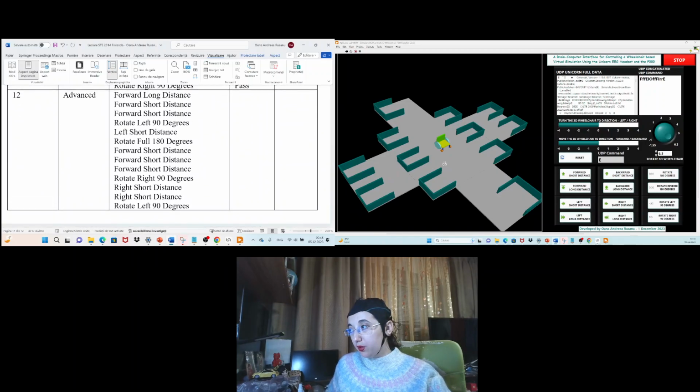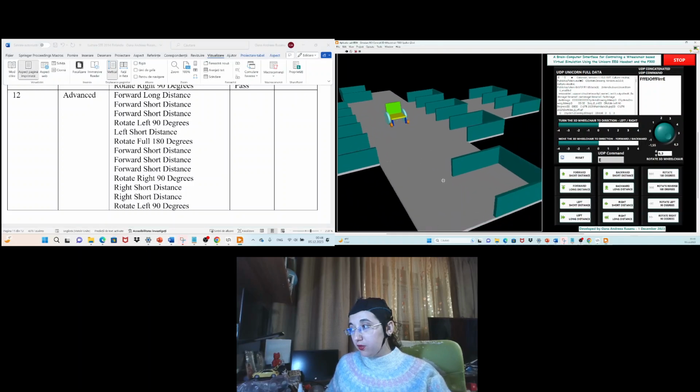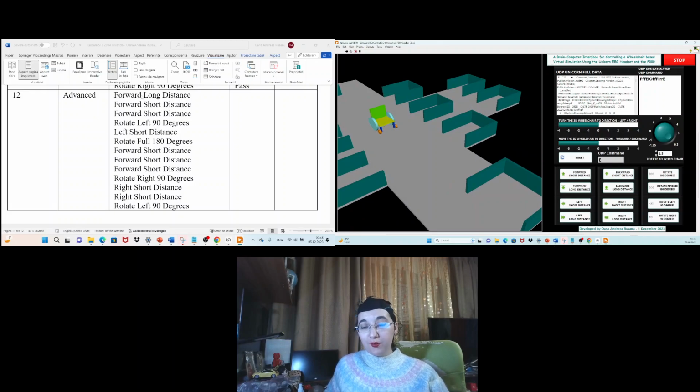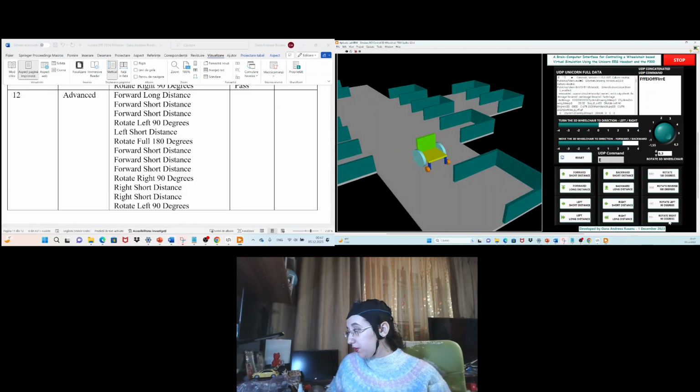So starting from the initial position, I will send these commands. Forward long distance, this one, then forward short distance 2 times. Okay, after that rotate left 90 degrees. Okay, then left short distance. Okay, then rotate full 180 degrees.